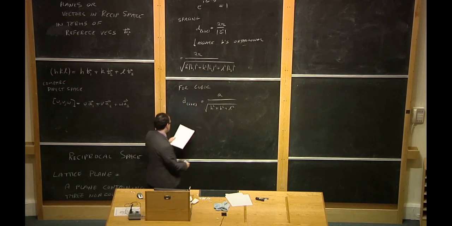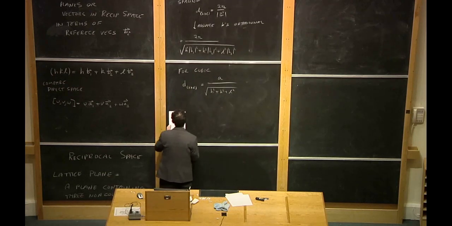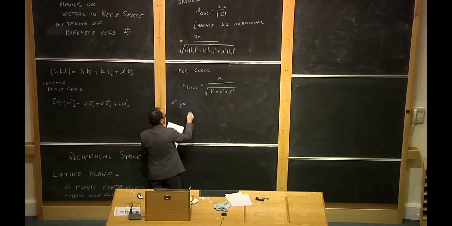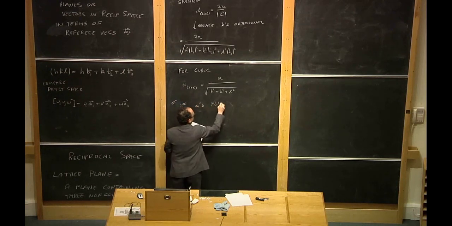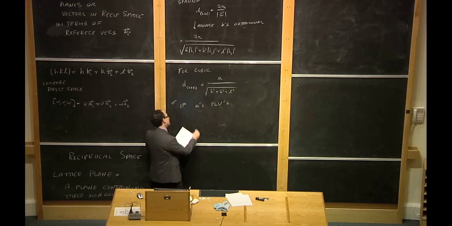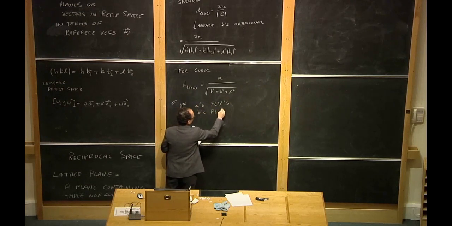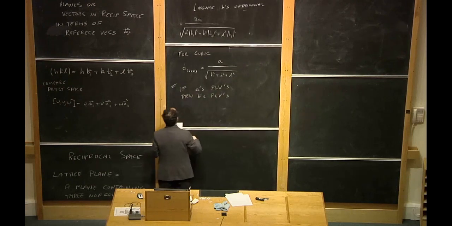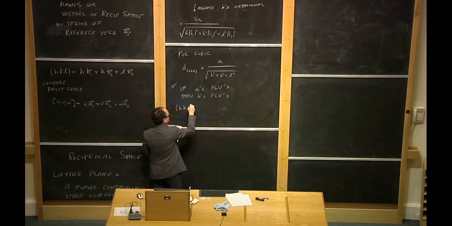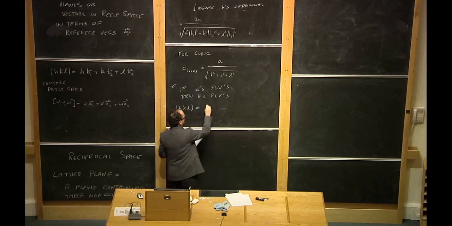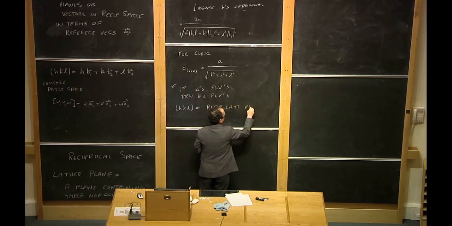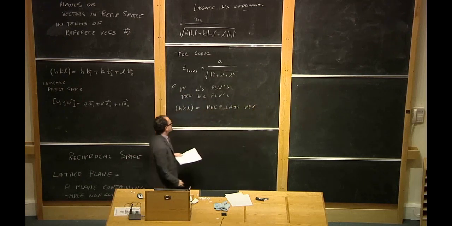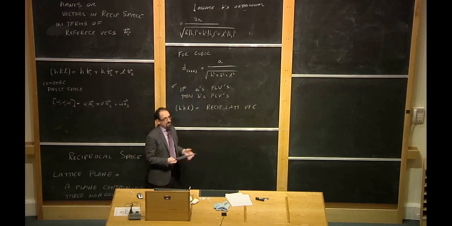Okay? And maybe I'll note this one more time. If the A's are PLVs, then the B's are PLVs. And that means that (hkl) is a reciprocal lattice vector. But it's not always the case if the A's are not PLVs to start with.